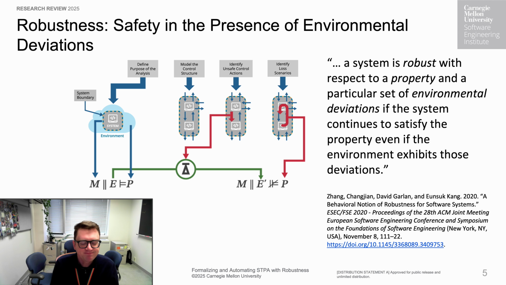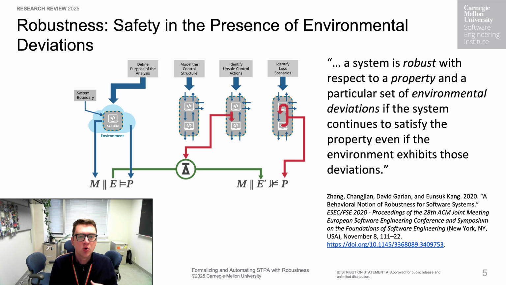The way we do that is with a new system property that has been sort of conceptualized, and some tooling to analyze systems for this property have been developed here at Carnegie Mellon by some of our collaborators, Dr. Insik Kang and his SOTA lab. The property is called Robustness, and without sort of getting into the weeds, the definition that I have here of robustness is that a system we can say is robust with respect to a particular property and a particular set of environmental deviations if it will satisfy that property even when the environment exhibits those deviations.